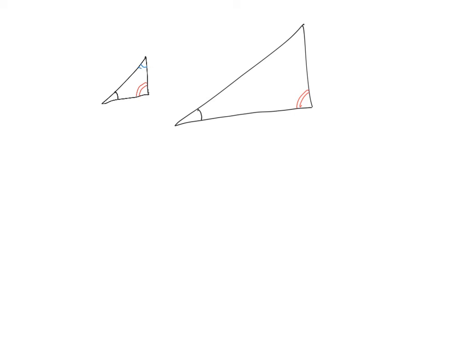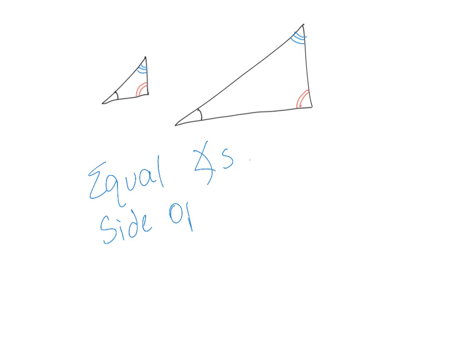And this angle will be right here. Right? So we look for equal angles is what you're always looking at. And then you see the side opposite that angle. So 2 steps. First you look for equal angle, then the side opposite it.